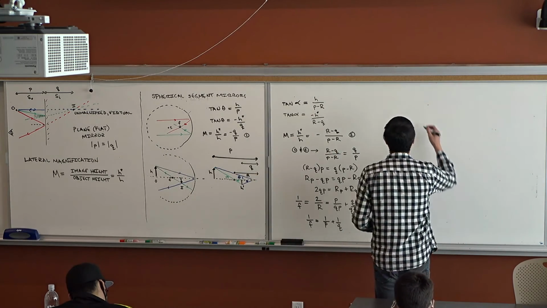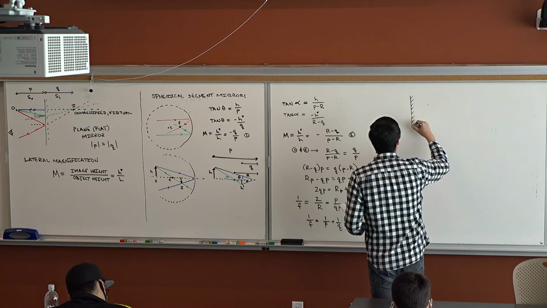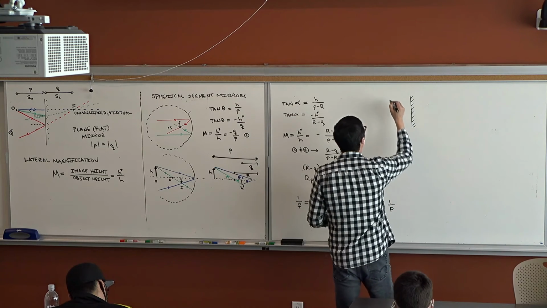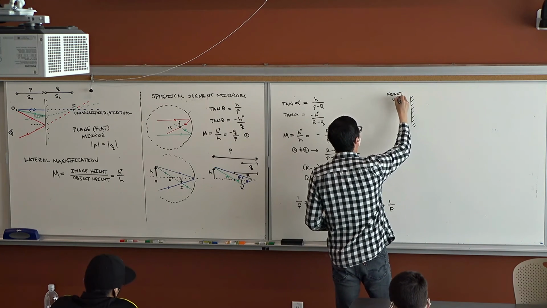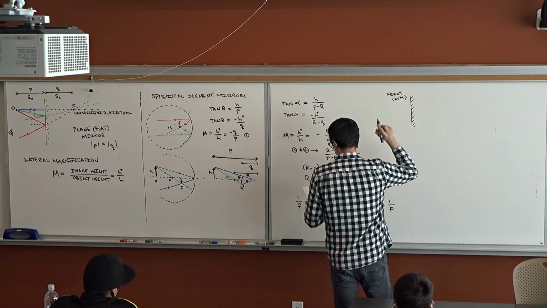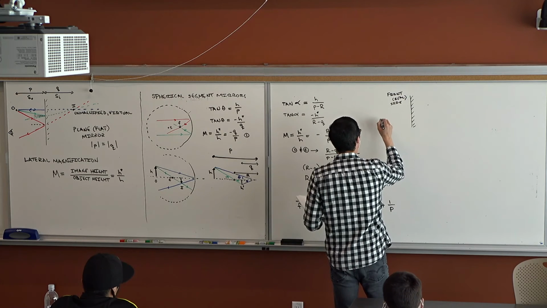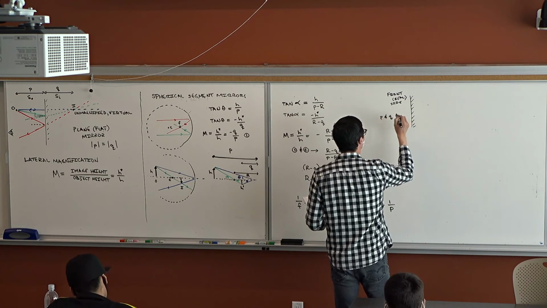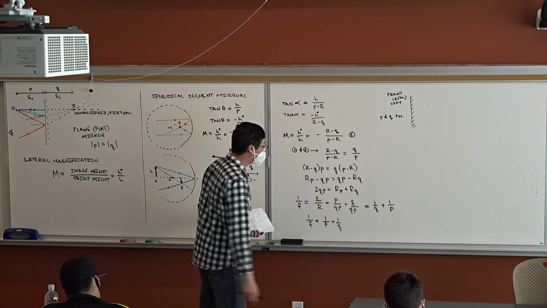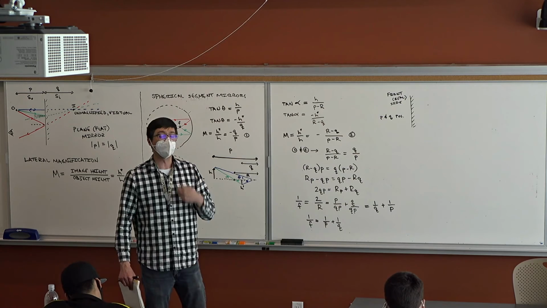So for mirrors, for this version of the equation, so some books, I know some of you aren't using Knight.